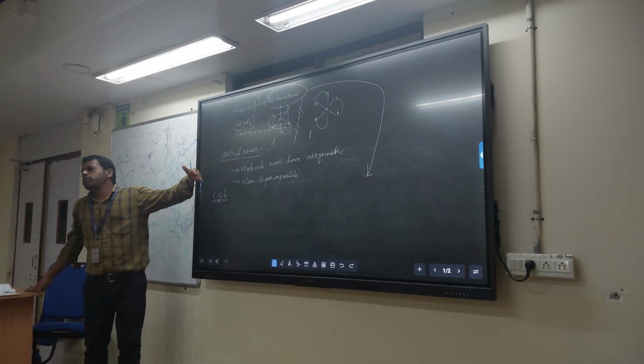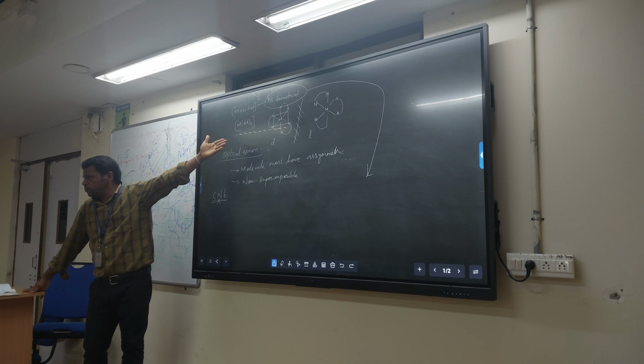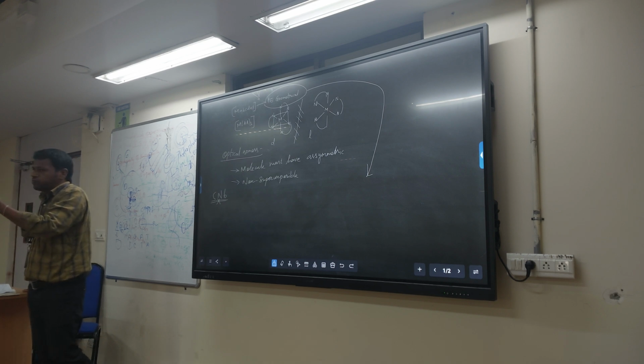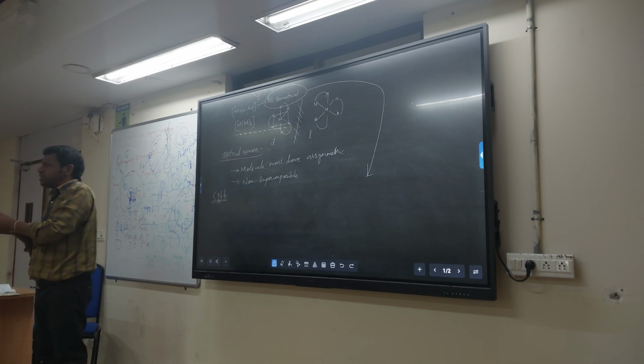So, how many optical isomers are possible? One geometrical isomer shows 2 optical isomers because of the D and L conformations.